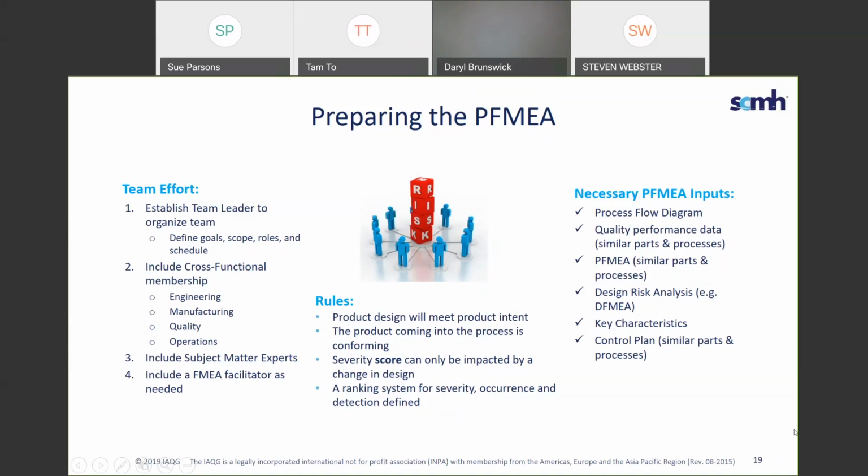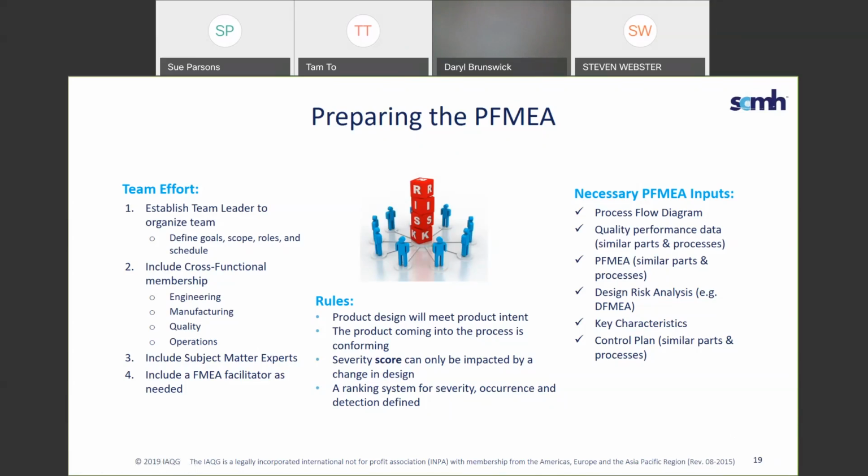And that's the requirement, the output of the DFMEA, not the process FMEA. The product or material coming into the process is conforming. So everything that you receive into that process meets specification, is conforming. So you can't blame a bad part on the previous process.